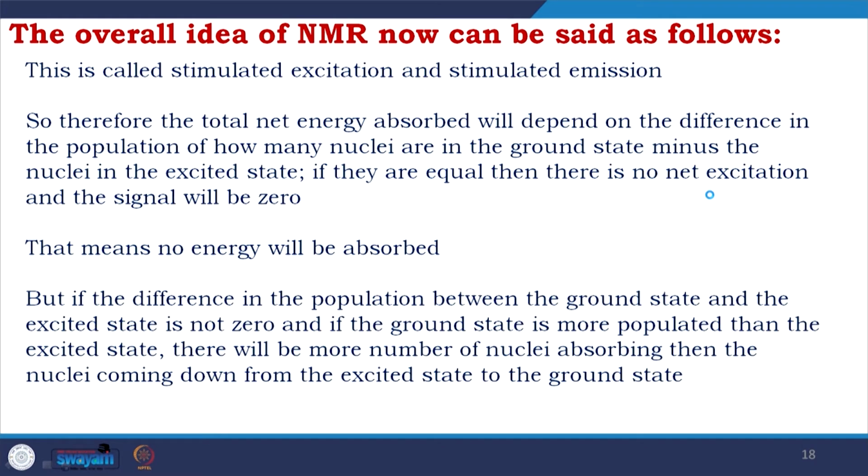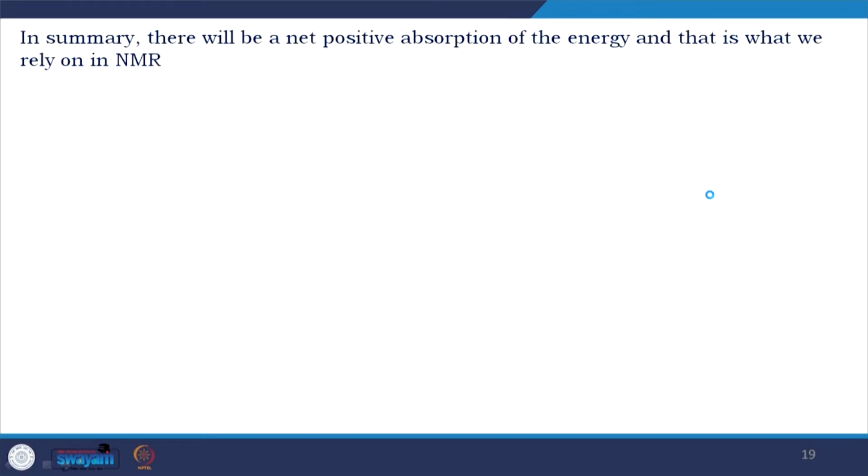But if the difference in population between the ground state and the excited state is not 0, and the ground state is more populated than the excited state, there will be more nuclei absorbing than nuclei coming down from the excited state to the ground state, which is the matching energy, and that is where the signal comes.